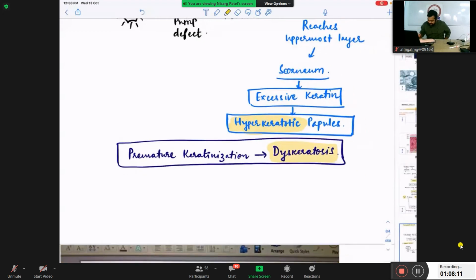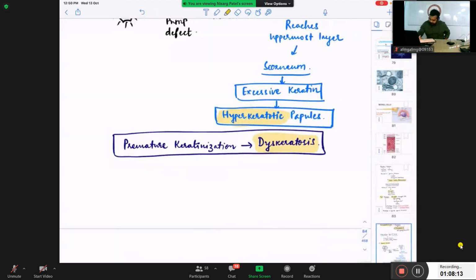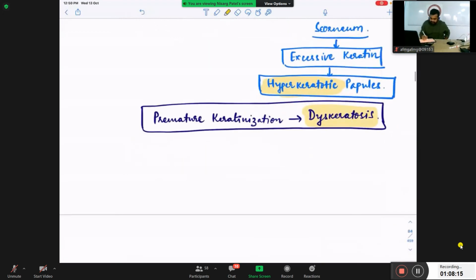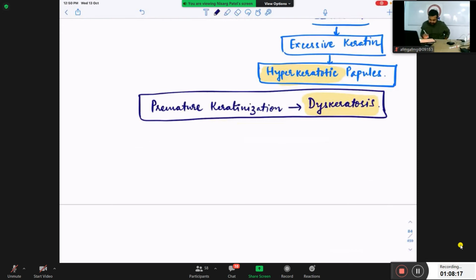When you see this dyskeratosis in the stratum corneum, which is mainly the flat cell layer, this finding is known as corps grains.